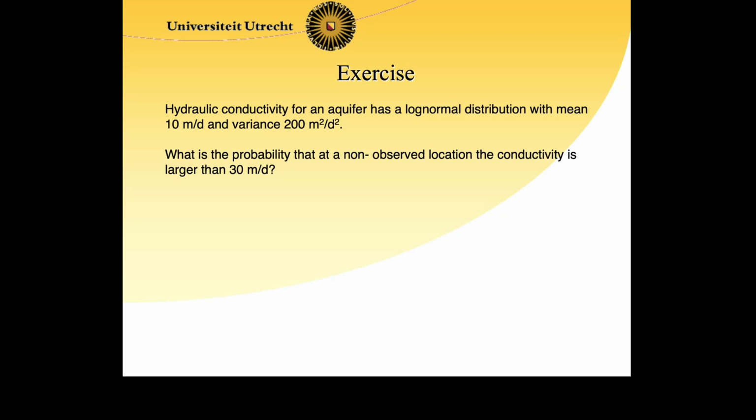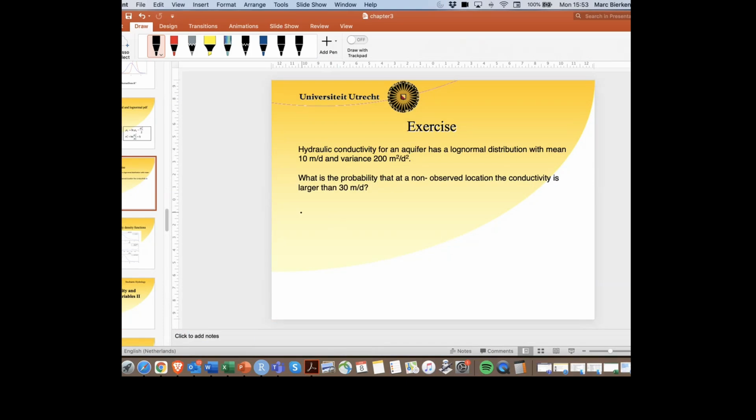Okay, so how is that done? We have the mean of Z is equal to 10 and the variance of Z is equal to 200. Now, if we want an exceedance probability, it would be nice to have a Gaussian variable because that's tabulated and a log normal is a little bit different.